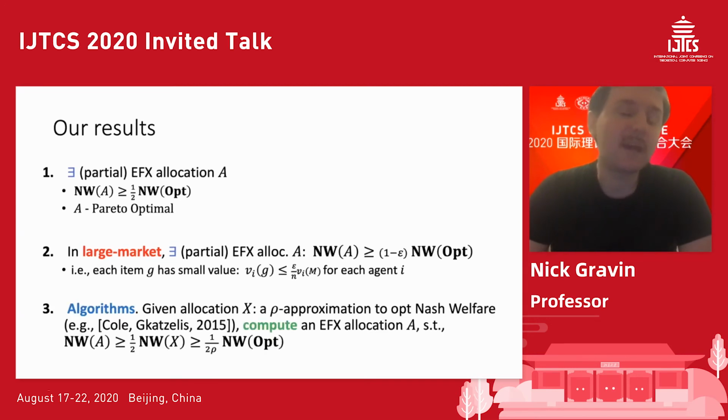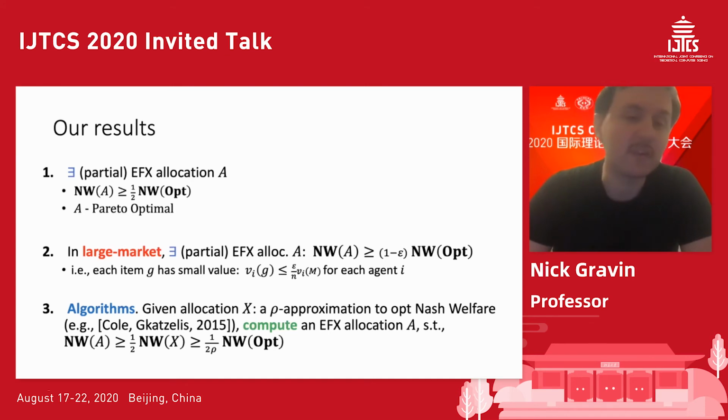And finally, our results are not just existential. The nice thing is that you can construct them in a somewhat black box manner. So you can start with any allocation given by, let's say, a black box, like some approximation algorithm that computes optimum Nash welfare. Note that exact optimization is actually NP-hard, but you can get some constant approximation.